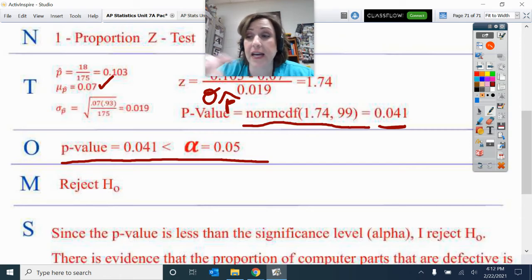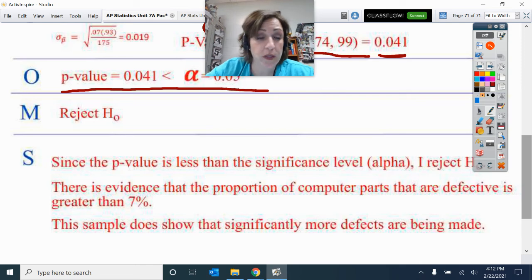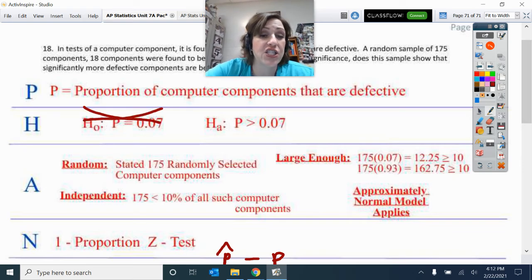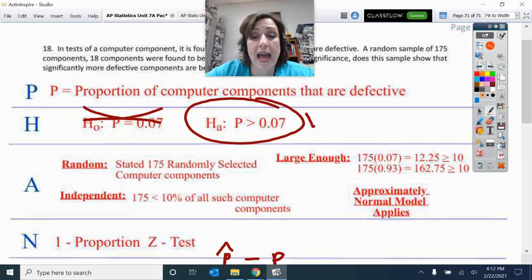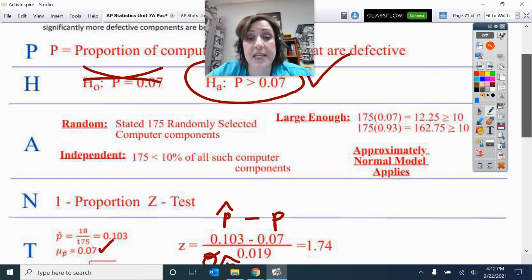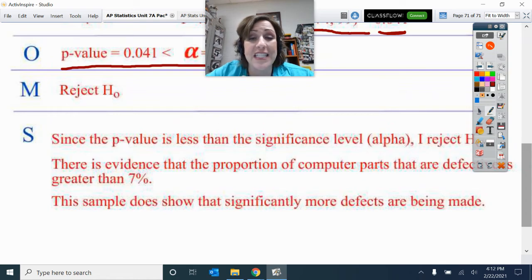So if that p-value is low, reject H0. So I'm going to reject H0. Since the p-value is less than alpha, I reject H0. There is evidence. So see, if you are rejecting H0, then you have evidence of HA. So there is evidence that the proportion of computer parts that are defective is greater than 7%.